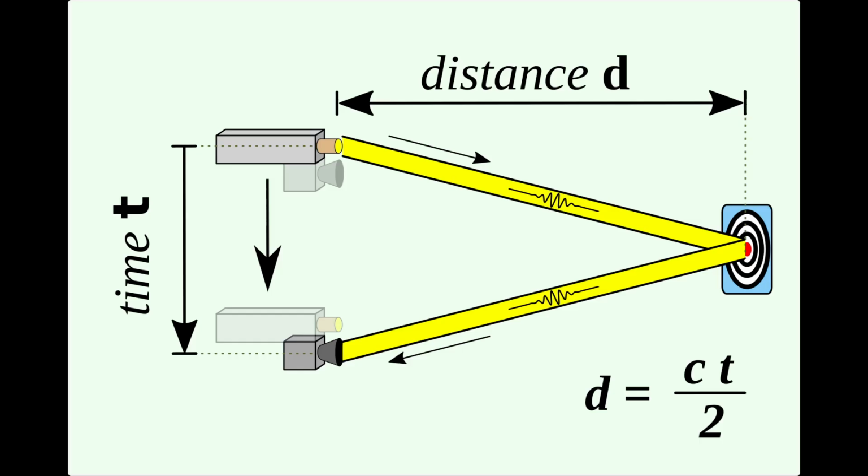Some of that energy will get absorbed, and some will get reflected back. Most objects are not perfect mirrors. Most of the energy will be scattered in various directions, and some of that scattered energy will be received by the LiDAR receiver, and that's how we measure the distance.